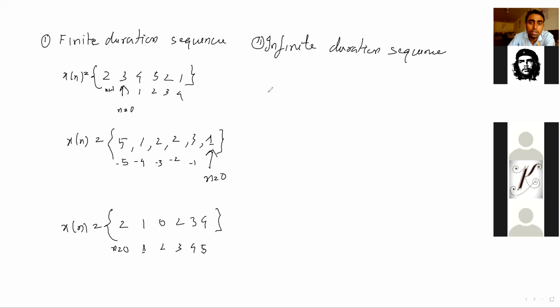Infinite duration sequence means x(n) is given as 2, 3, 2, 1, 3, 4, and there are infinite samples, infinite amplitude values. Then this falls under an infinite duration signal. So the signal may be plotted like this.